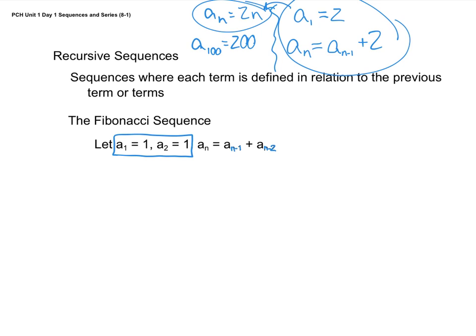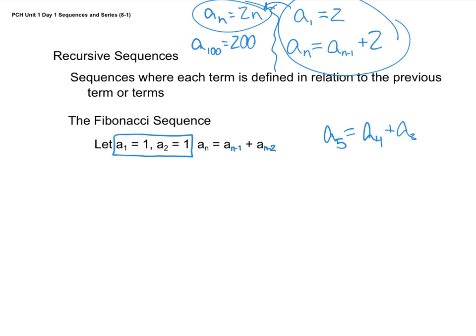Okay? So, if I were to find a sub 5 here, what would I have to do? Find out a sub 3 and a sub 4? Very good. A sub 3 and a sub 4, we'd have to add those together. Okay? Now, we don't know either one of those, so we now have to kind of go back even further, right?